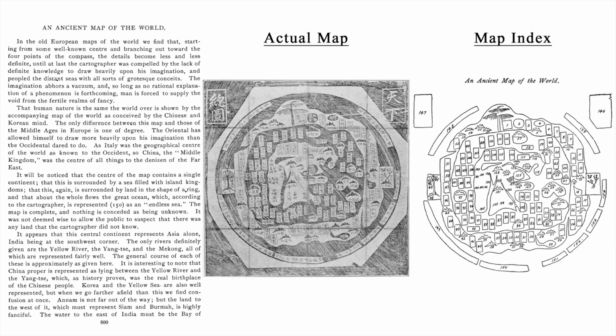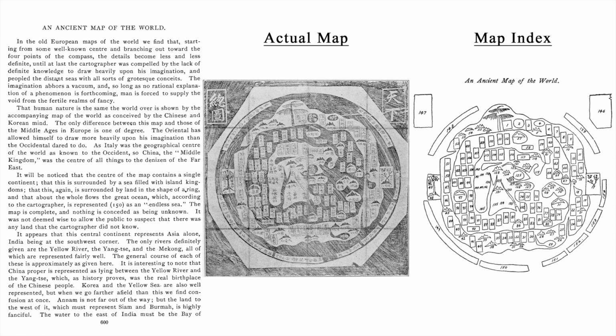It will be noticed that the center of the map contains a single continent, that this is surrounded by a sea filled with island kingdoms, that this, again, is surrounded by land in the shape of a ring, and that about the whole flows the great ocean, which, according to the cartographer, is represented as an endless sea.